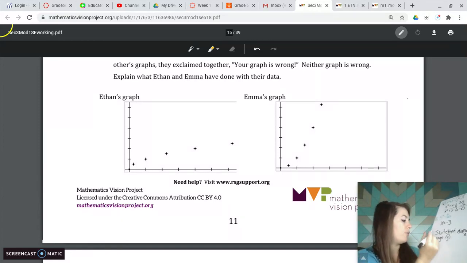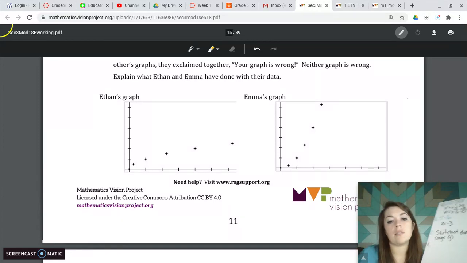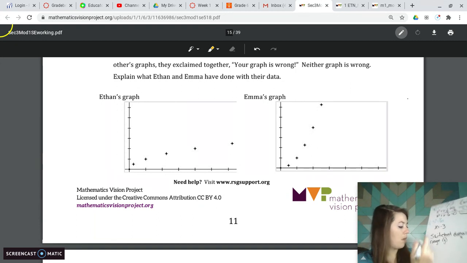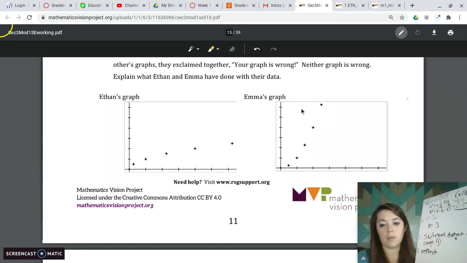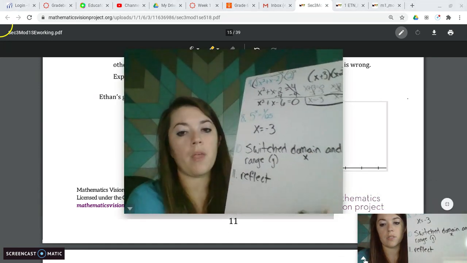But what we can do is if we reflected these points over the x-axis, then they'd be down here extending out, and then we could rotate it up 90 degrees. So, let me make this larger so you can see what I'm writing.